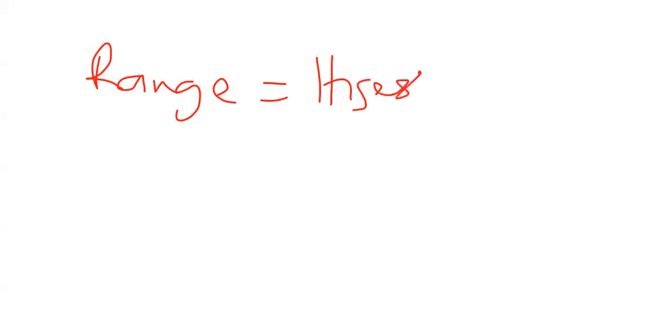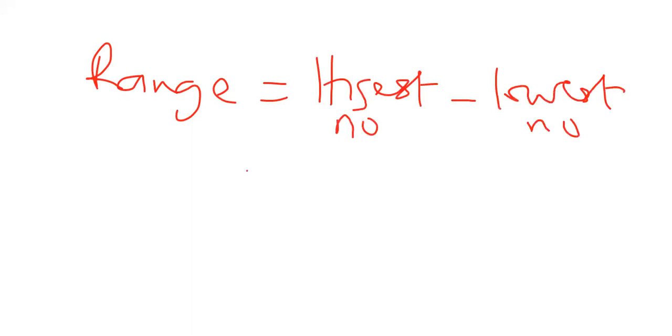You have range. Range is the highest number or highest variable minus the lowest number. Highest here is 5, lowest is 1. The range is 4.